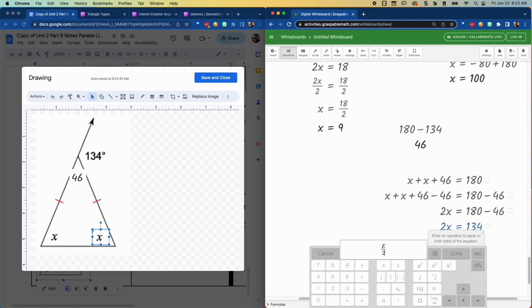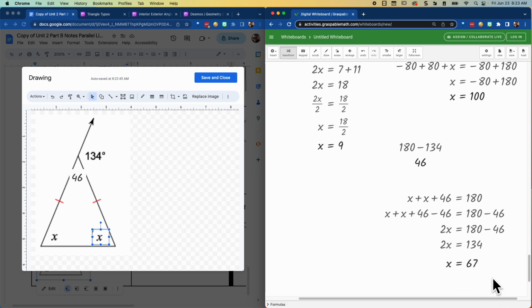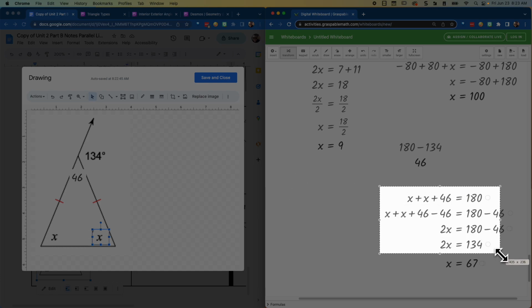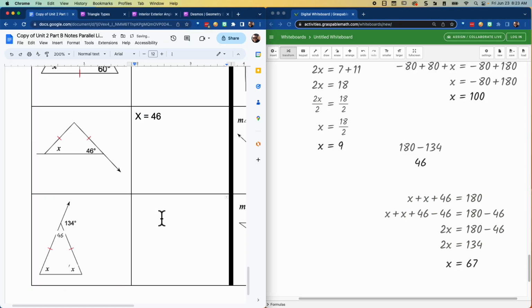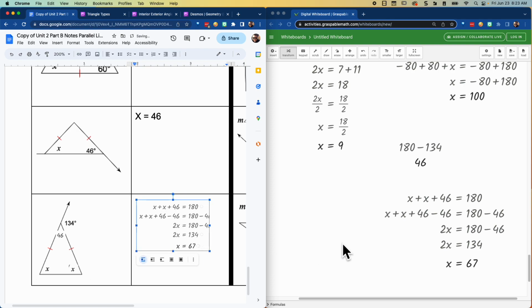I'm going to divide by 2, and that gives me x equals 67. Awesome, awesome, awesome. Paste this in here. That'll work.